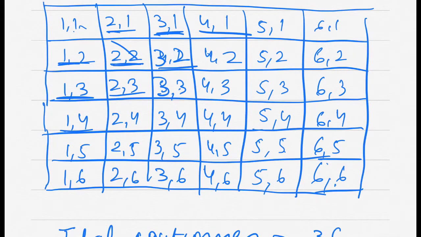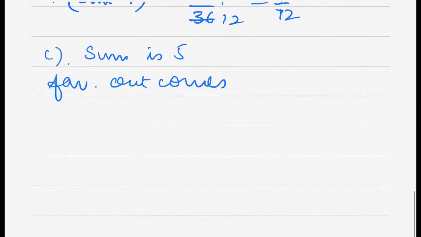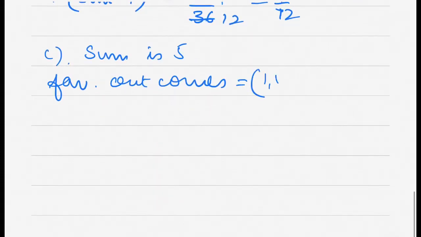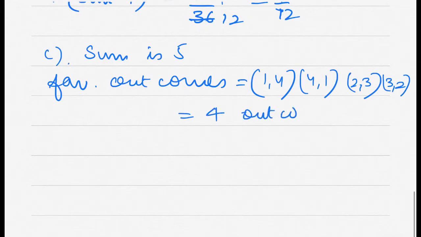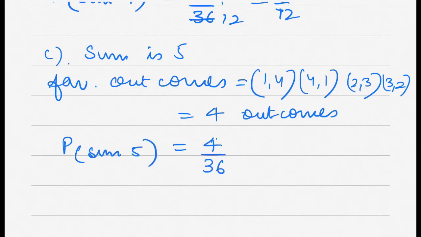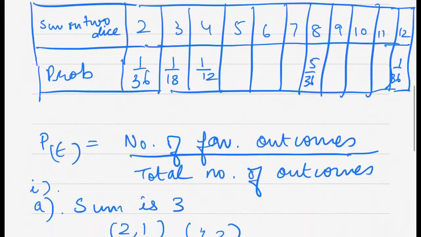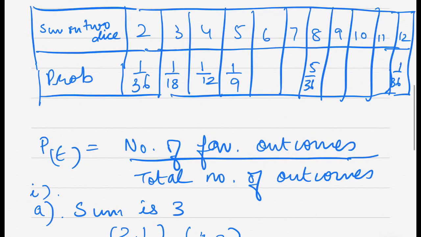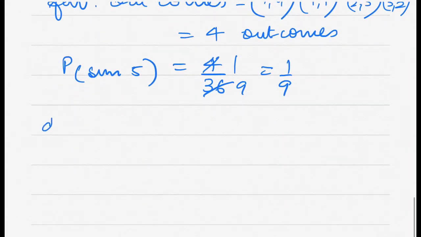So there are 4 favorable outcomes, right? So the probability of sum 5 will be 4 by the total number of outcomes, 36. So sum as 5 is 1 by 9.